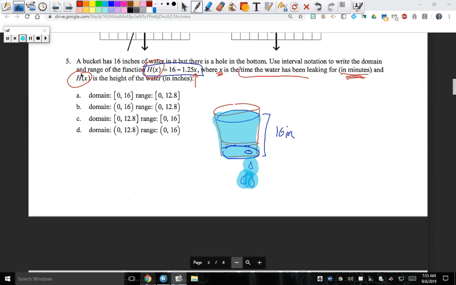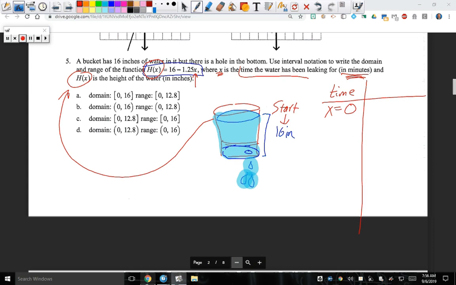So we can say by intuition that h of x being the height, it's going to start at 16 inches. That means at 0 time, so when x, which is time, is equal to 0, the height is going to be at its maximum, which is 16 inches. And that's like saying h of 0 is equal to 16 inches.